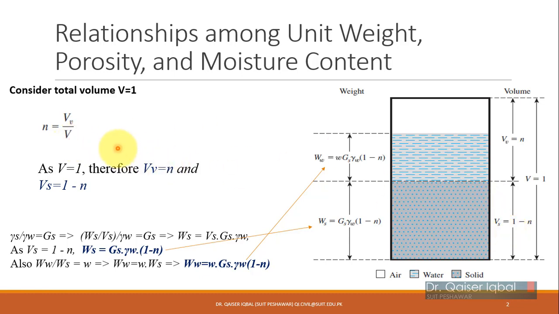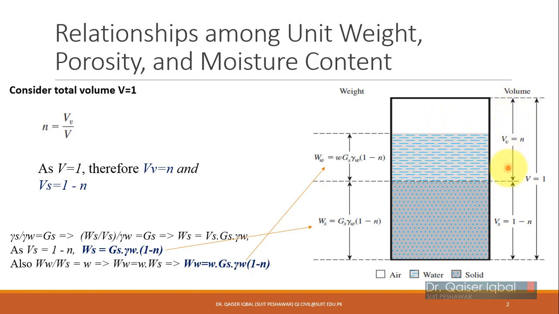Porosity is divided by the total volume, void ratio is divided by the volume of soil solids only. Now if we have the same three-phase diagram in which we have solids, its weight of solids Ws and its volume, then we have water with weight Ww and volume of water, and then we have air, whose weight is 0 and its volume is volume of air. The total voids are filled with water and air.